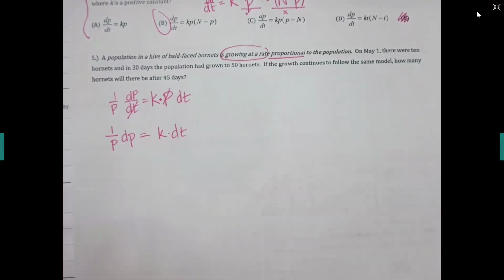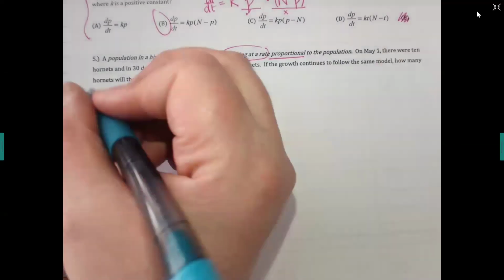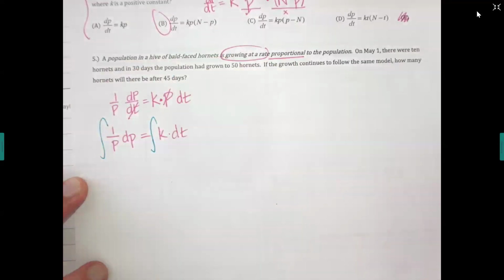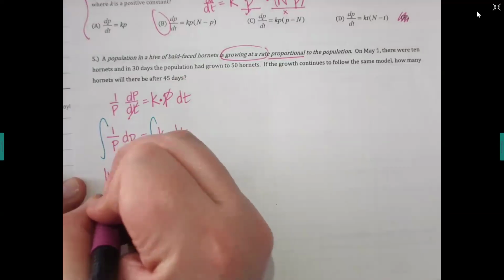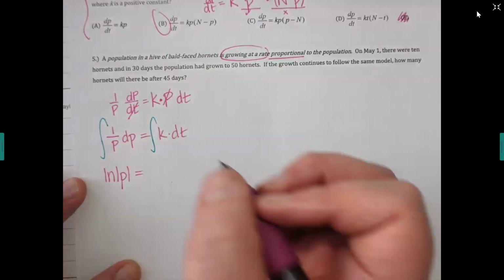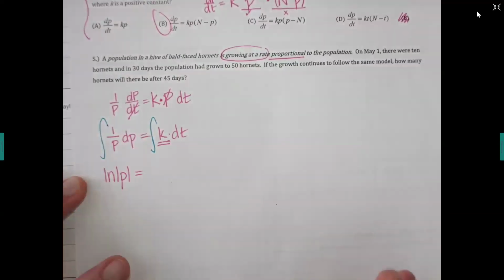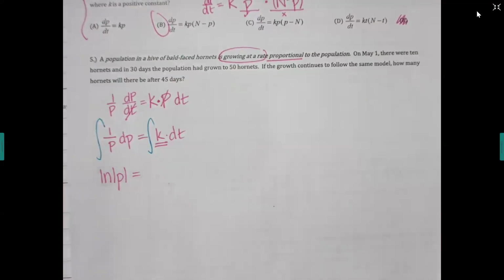Next, we're going to do what? Starts with an I. Integral on both sides. And 1 over P is special. What is the integral of 1 over P called? ln. Okay, remember that k is a constant, and my variable of integration is dt.